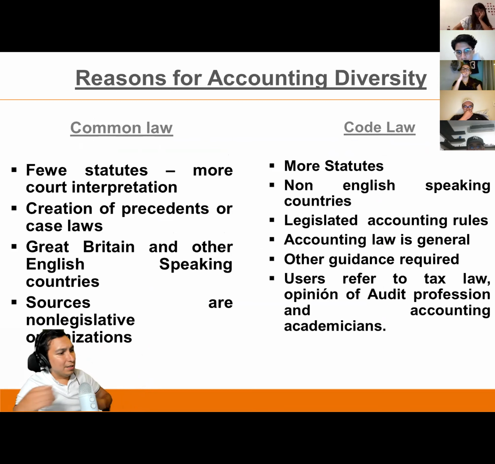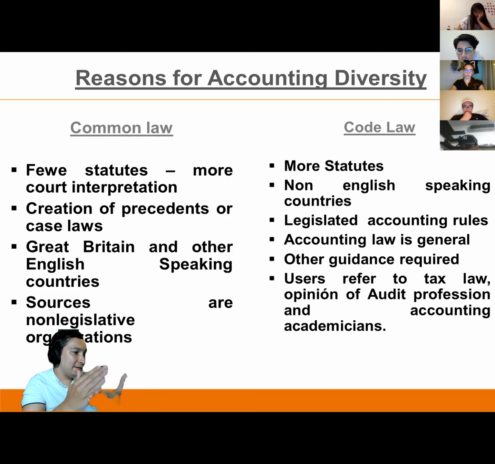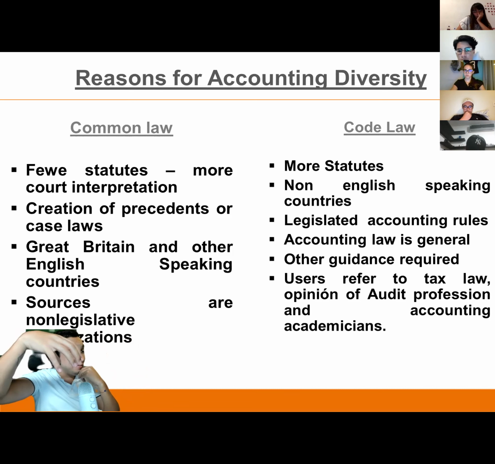Obviously, guys, the common law is something that we have seen a lot in the US. The common law means that when you go to the jury in the US and the judge makes a sentence, they can use that sentence in other cases, replicating that case.